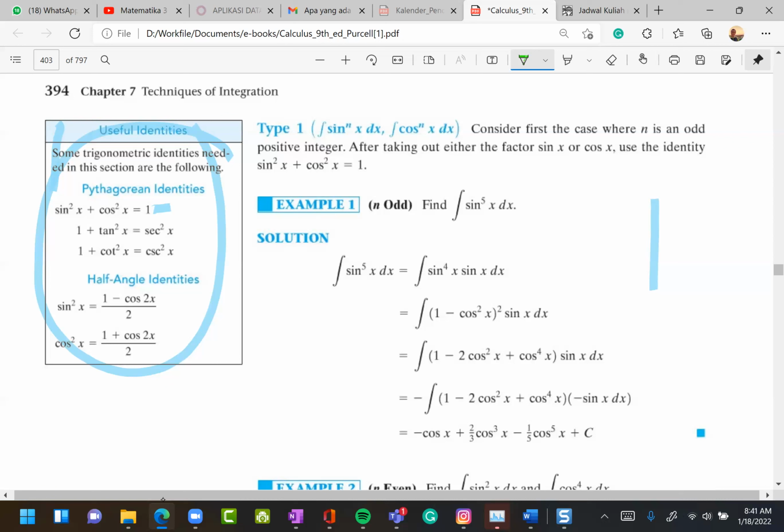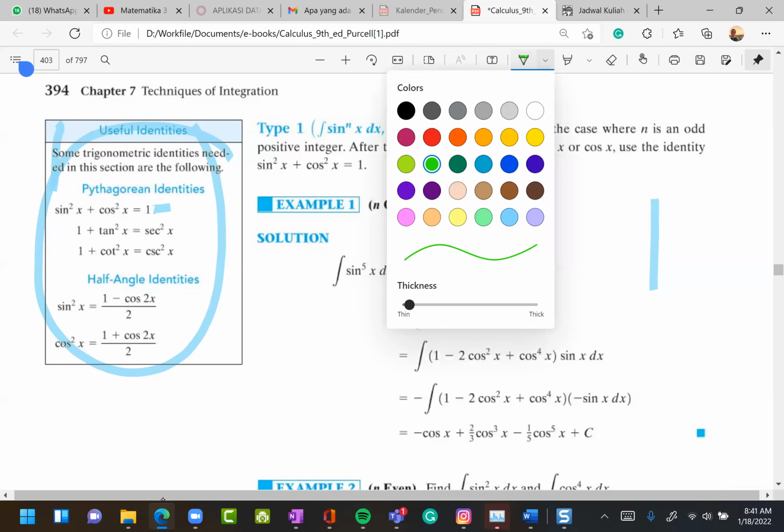Okay, and we somehow replace this sine to the 4th by, okay, so this sine to the 4th is, well, doesn't matter why, it becomes, maybe this.